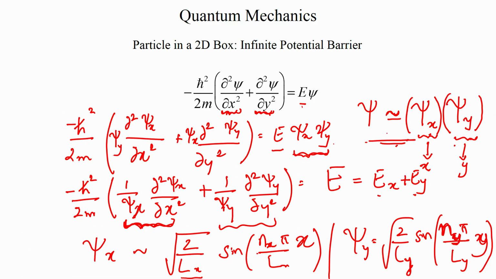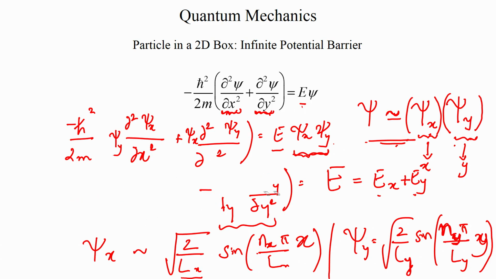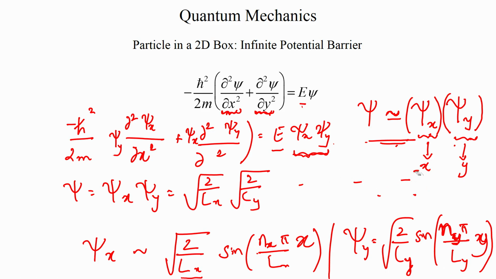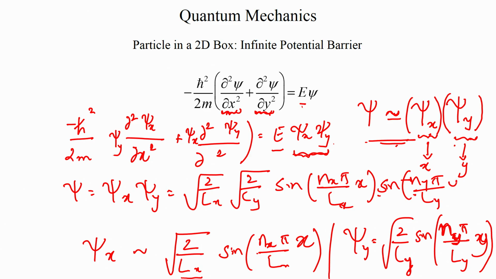And the total wave function is simply the product of these two, psi x into psi y, which is square root of 2 by Lx, square root of 2 by Ly, into the product of the two sinusoid terms, sine of nx pi by Lx into x, sine of ny pi by Ly into y.